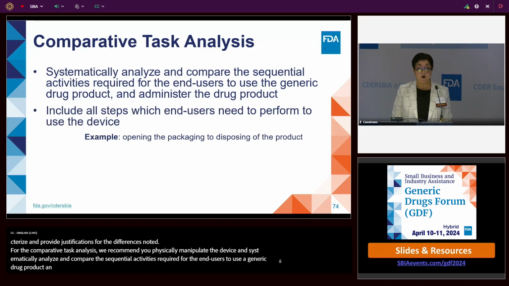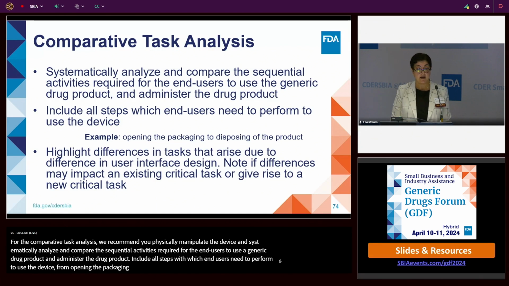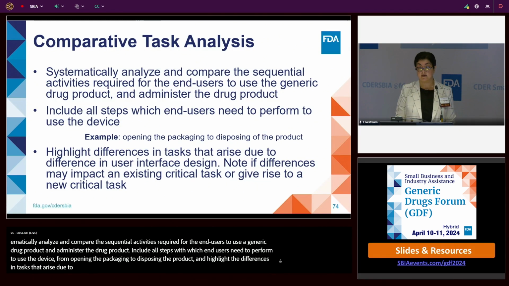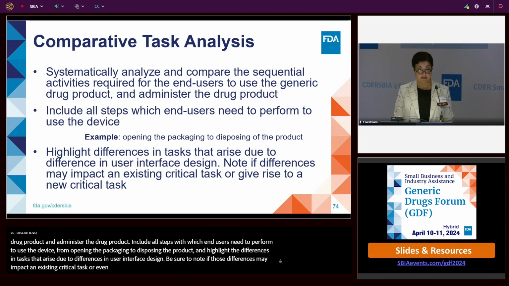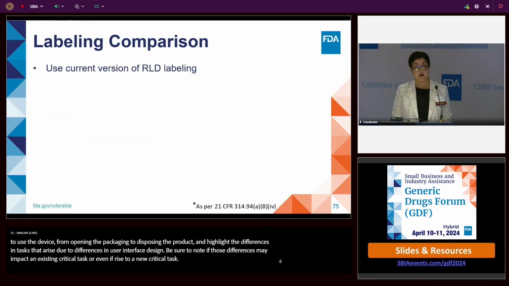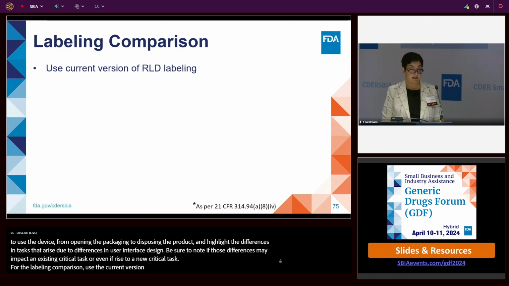Be sure to include all the steps with which end users need to perform to use the device, from opening the packaging to disposing of the product, and highlight the differences in tasks that arise due to differences in user interface design. Be sure to note if those differences may impact an existing critical task or even give rise to a new critical task.